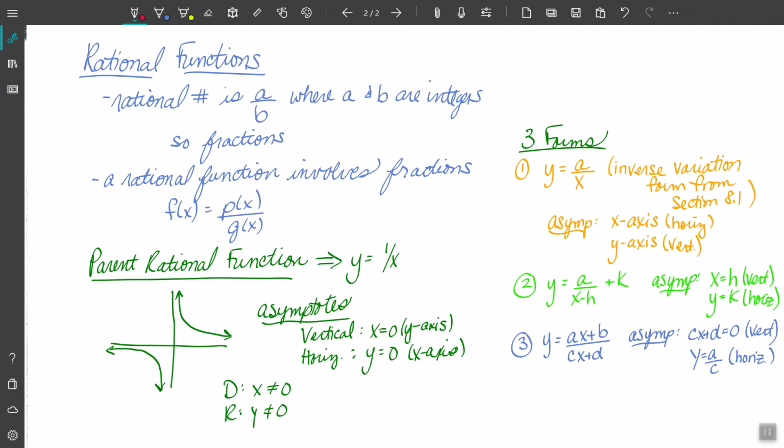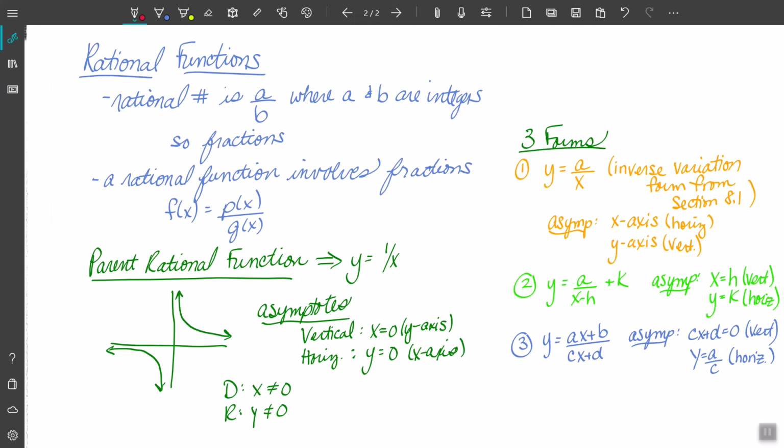Okay. And once you have those asymptotes in place, we would put a couple of numbers into a table to the left and to the right of those asymptotes, and that's how we get the actual drawing. The domain in the parent function is going to be anything except 0, and the range the same. Y cannot be 0. All right, so this is in general what these are going to look like.